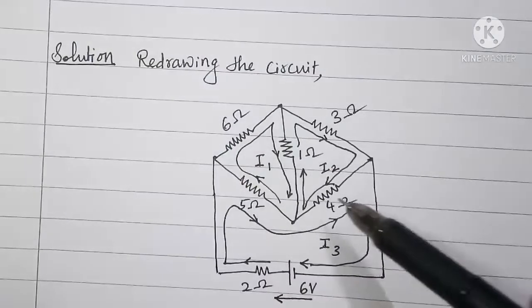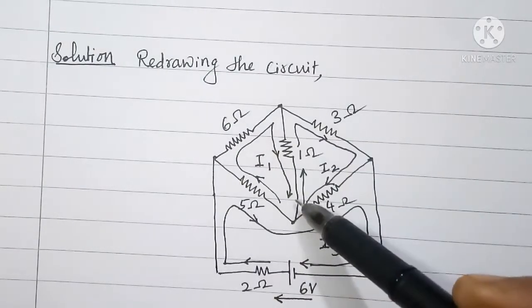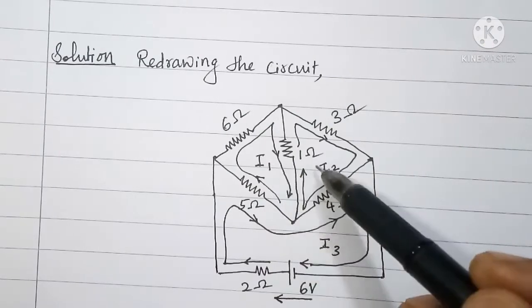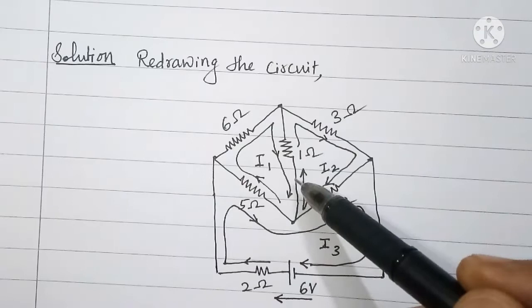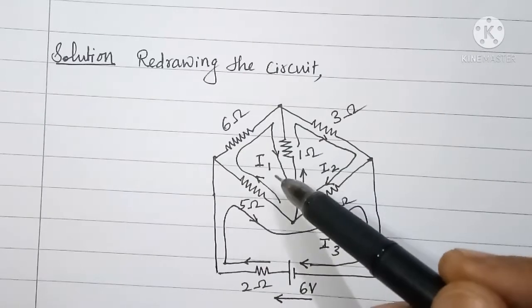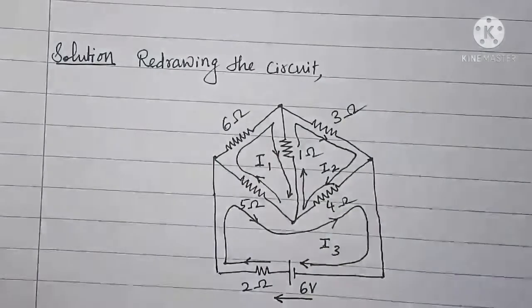referring to the circuit, the current through the 1 ohm is the difference of two currents I1 and I2. Better you subtract the current having the smaller value from the current having the higher value.